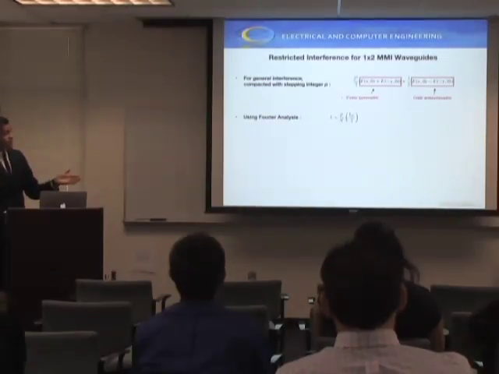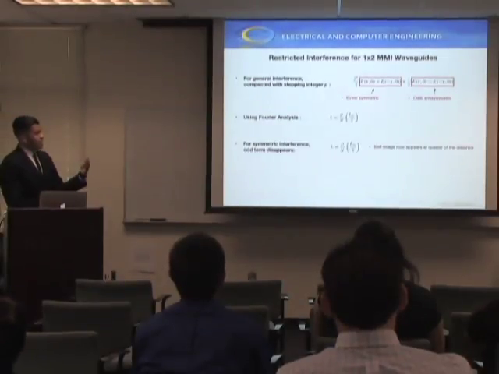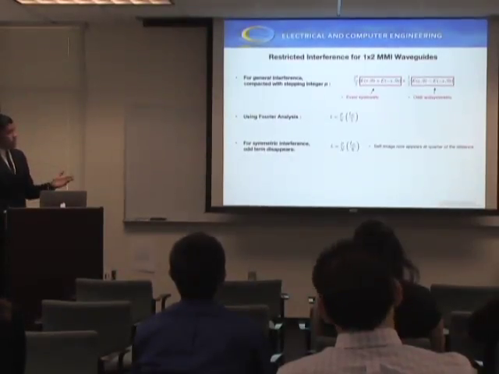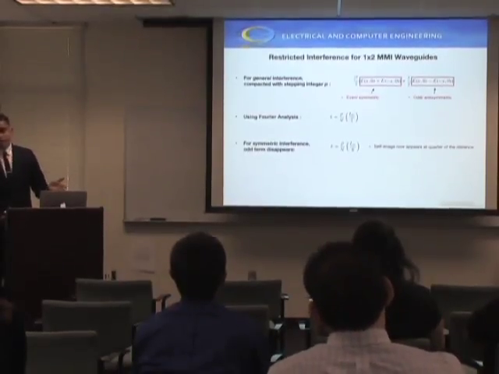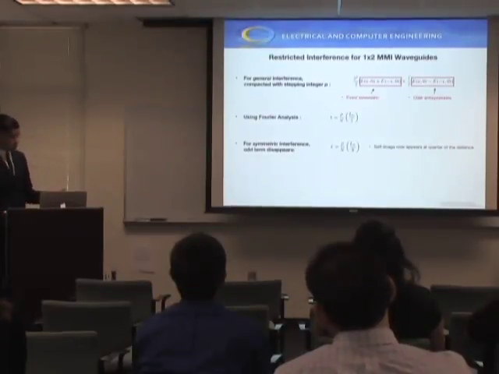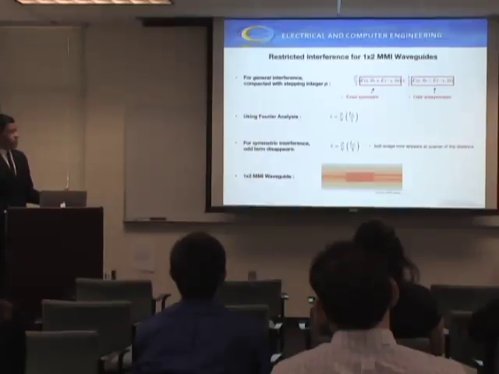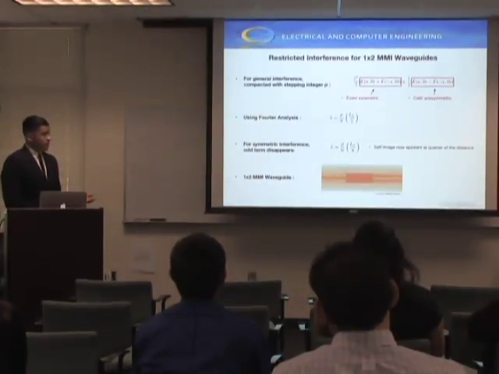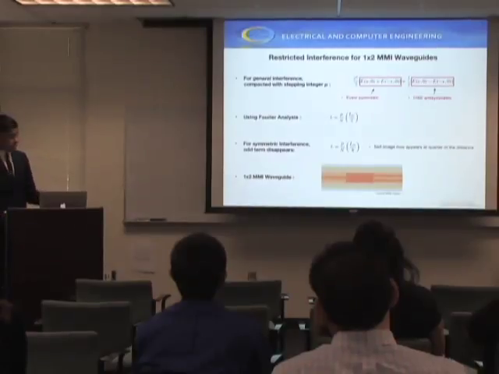Then we can apply this to asymmetric interference, which would be the case of a 1x2 as opposed to the 2x2 that we saw earlier. With this symmetric interference, we see that our self-imaging distance is now at a quarter of the distance for a 1x2 as opposed to a 2x2. This is where I began to design a 1x2 MMI waveguide model.